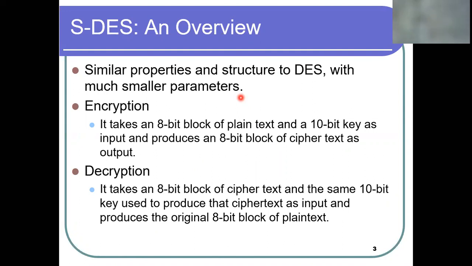In encryption, we take an 8-bit block of plaintext and a 10-bit key as input, and produce an 8-bit block of ciphertext as output. Decryption is the reverse procedure of encryption: it takes an 8-bit block of ciphertext and the same 10-bit key used to produce that ciphertext as input, and produces the original 8-bit block of plaintext.